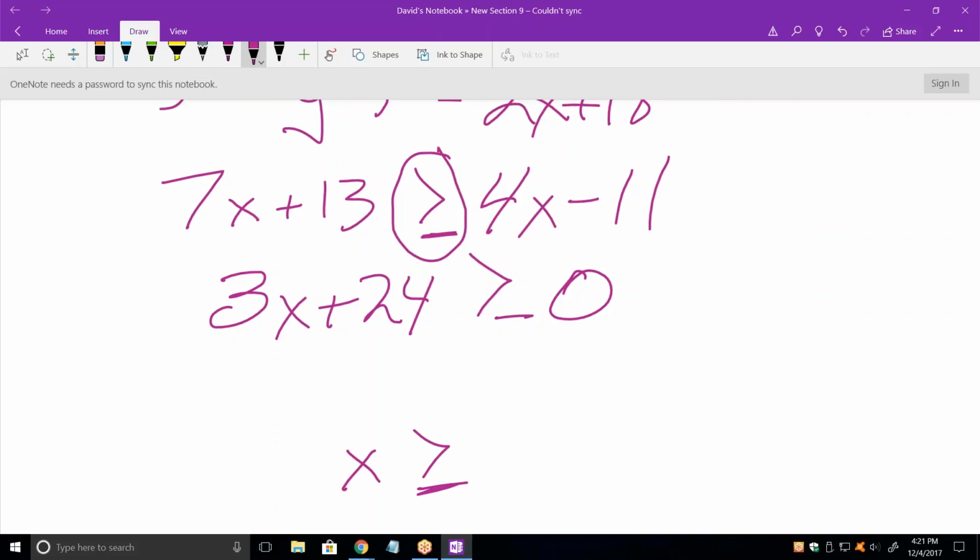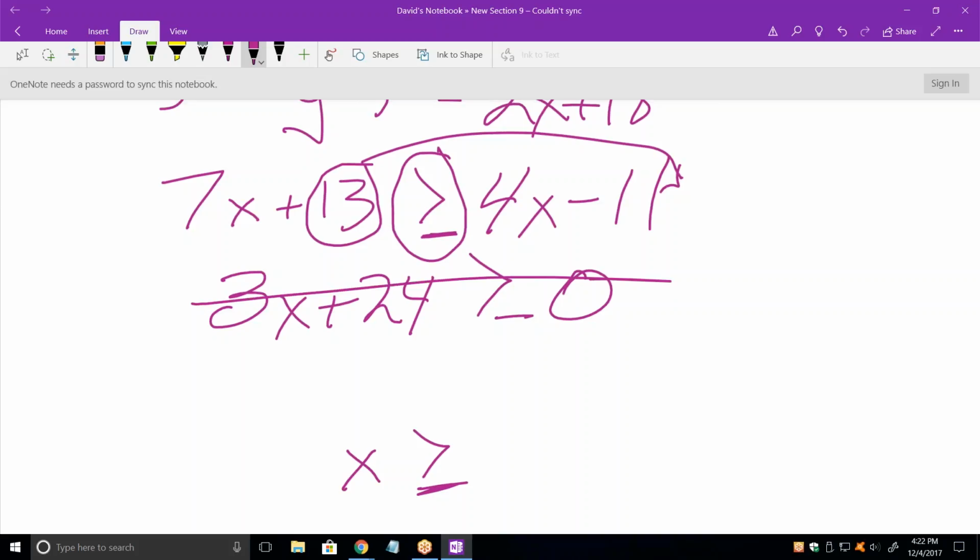Since I'm going to have to do that, it would have actually made more sense to just put that on the right side originally, right? Yeah. In other words, when you're gathering your variables and your numbers, if you're not looking at a quadratic, if you're just looking at a linear equation where you just have an x, you don't have an x squared, well then always put your variables on one side and your numbers on another.